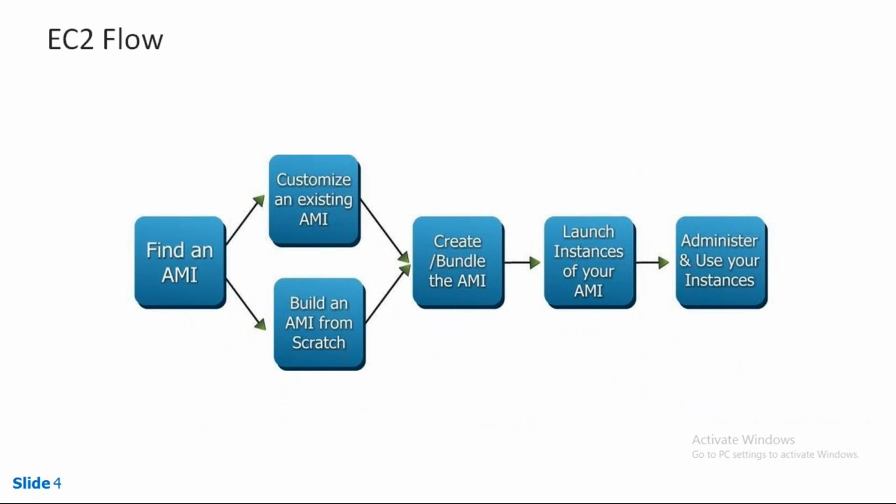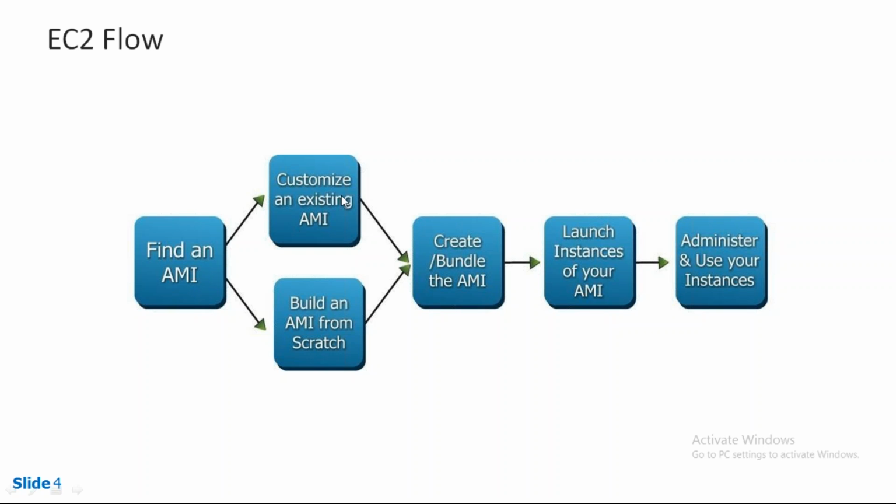The next, the EC2 flow. How do we do it? First, we find an AMI, whichever is suitable for us. So we wanted a Linux machine or Ubuntu machine or a Windows machine, whatever we wanted, and all the other software we wanted. So we select an AMI. Once that AMI is selected, then we customize.